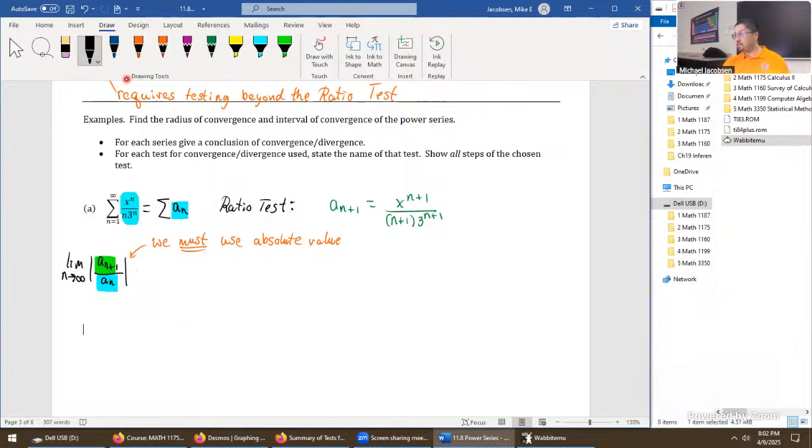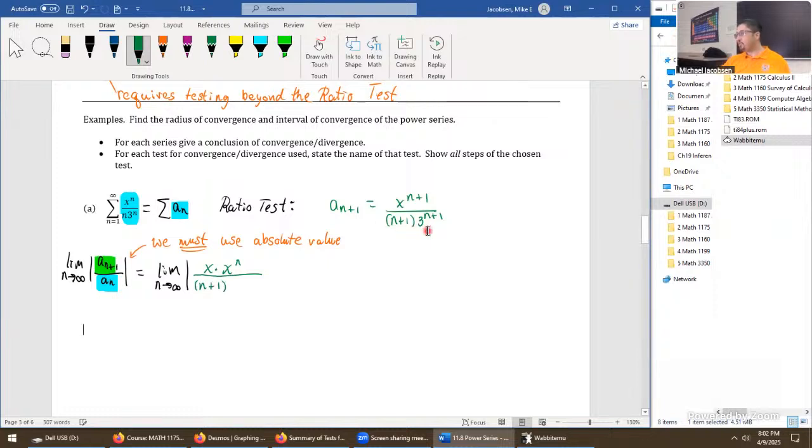On the very next step, we're just substituting in the information. This is the limit as n goes to infinity. Following the color coding, blue and green, we're just throwing in that value. Let's factor it a bit as we go. x^(n+1) is x times x^n. n plus 1 we can leave just as it is.